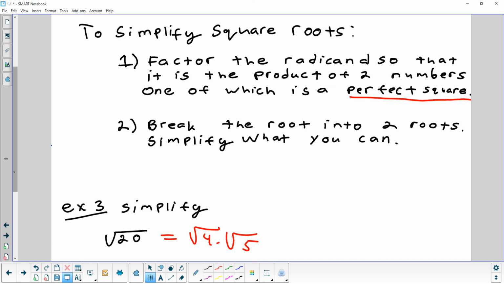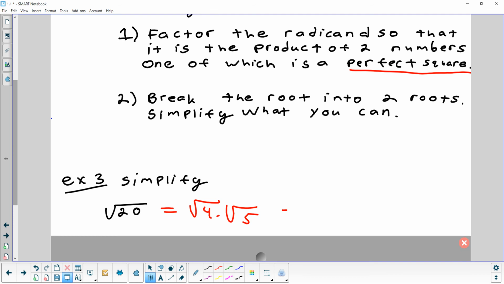So now you've broken it into 2 roots, and now something here simplifies. Anybody tell me which one of those simplifies? The square root of 4 or the square root of 5? Yep. 4. Square root of 4 is how much? 2. And that's how you simplify the square root of 20. It's 2 square roots of 5.